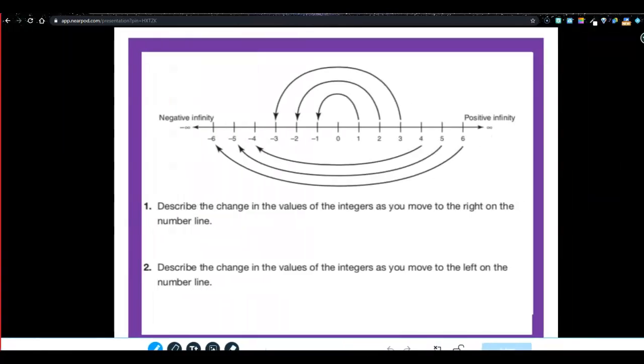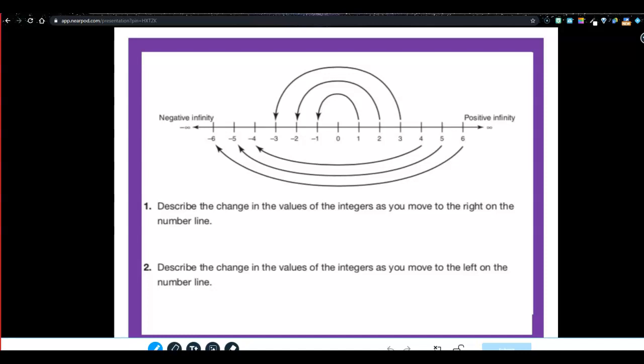Okay, so this is just for us to look at this number line. Remember, when you see these arches like that, they're talking about opposite numbers. So on both sides of the number line, our numbers are mirrored back and forth. So +5's opposite is -5. -4's opposite is +4, right? And what they want us to do here is think about what happens to the values of the numbers as we move right on the number line.